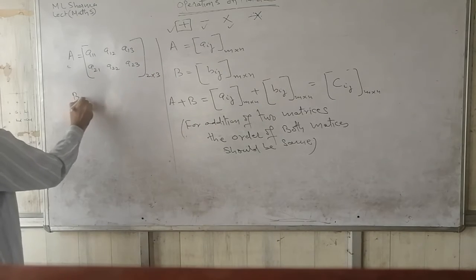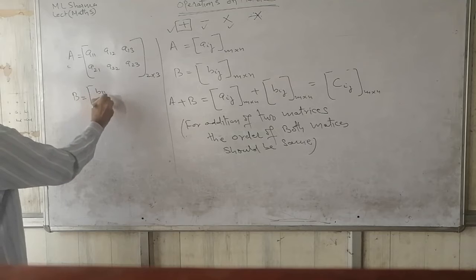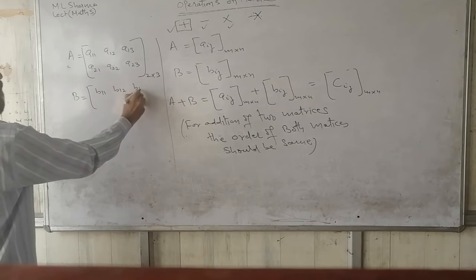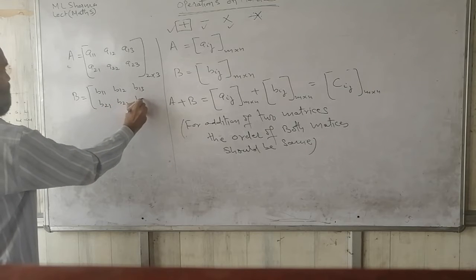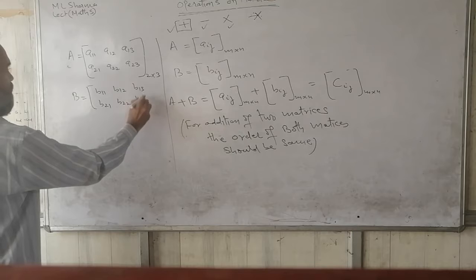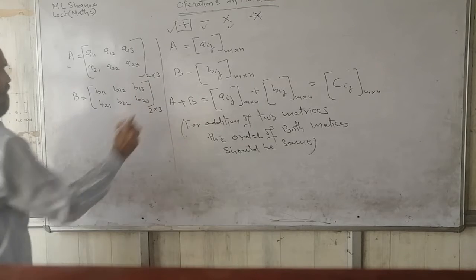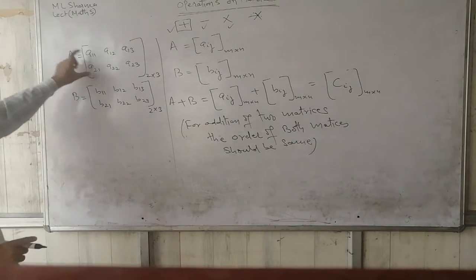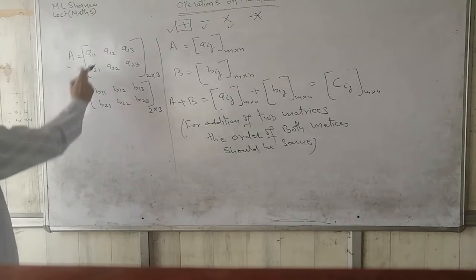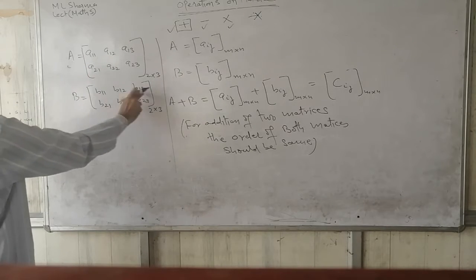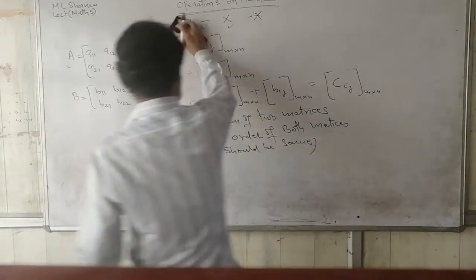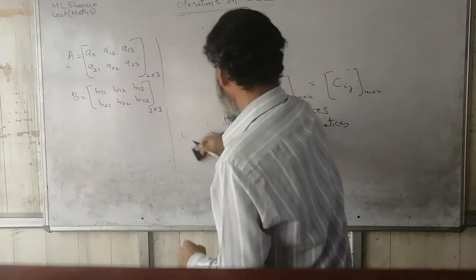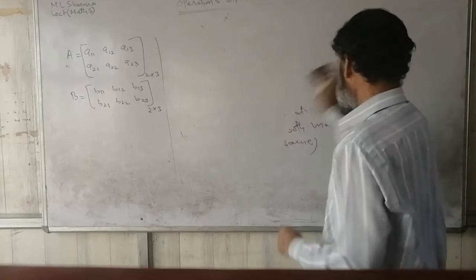Another matrix B I can take, so again this is a matrix having the same order. It is 2 by 3, it is 2 by 3. Here 2 rows and 3 columns, here 2 rows and 3 columns. And if I have to add these two matrices, how can I add these two matrices?